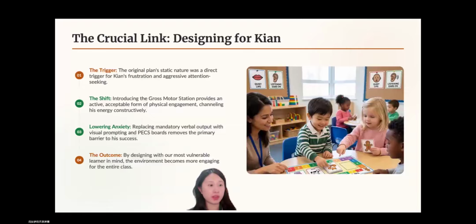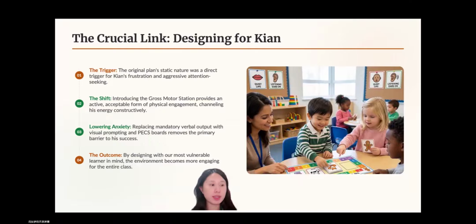I want to make it very clear how Kian inspired all of these changes. The static nature of the original plan was the exact trigger for his aggressive, attention-seeking behavior. By introducing the gross motor station, I gave him an active, completely acceptable way to burn his physical energy. I turned his need to move from a behavior problem into a learning tool.